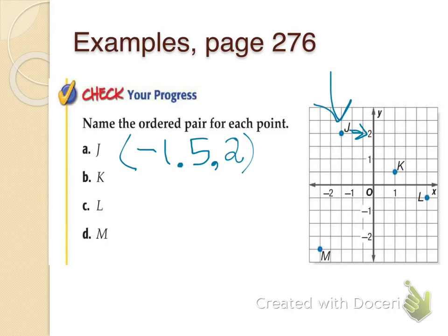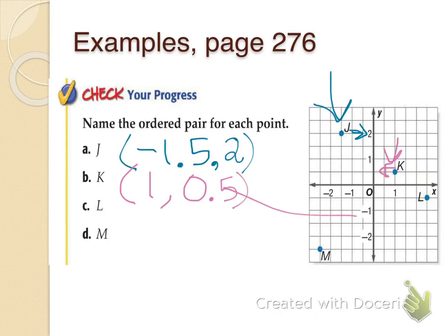All right. Moving on to K. If we look at K, K is right over here. So on the x-axis, it would be located at 1. If I look down, it's located at 1. And on the y-axis, if I look over, that's located at 0.5.